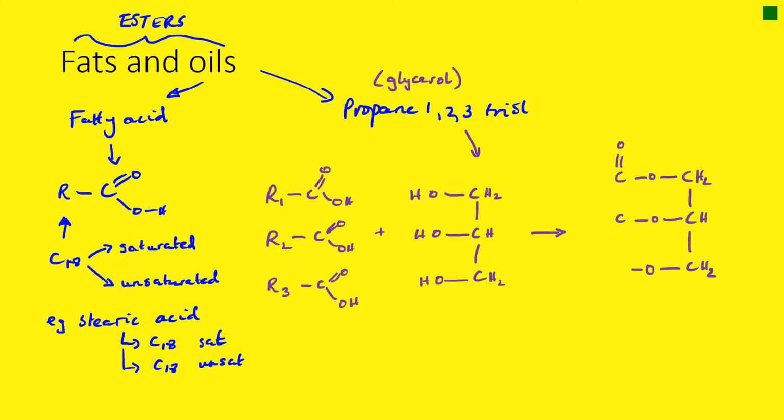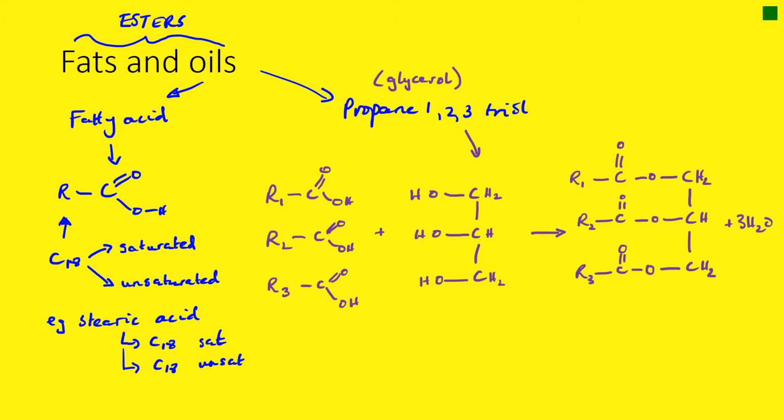So we can draw those in as well. And the last thing to do is to put on our 3 different alkyl groups from the 3 different fatty acids, like so. Of course we're going to lose 3 water molecules.